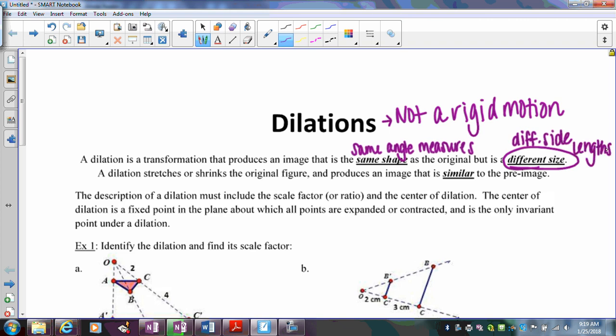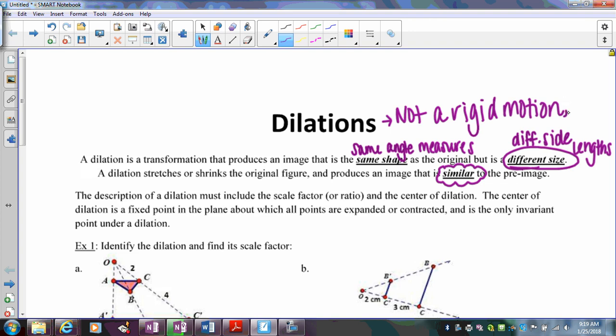So dilations create what we call similar figures. So in this unit, we're going to be discussing similarity. So we start off with talking about dilations because that's how we produce similar figures, meaning the sides will be different, but the angle measures will stay the same. So it's not a rigid motion.